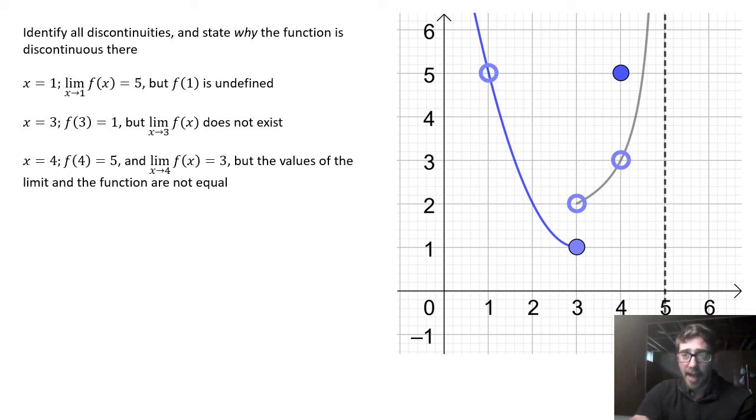And then at 5, that dashed line indicates a vertical asymptote. So there's all kinds of stuff you could say here. Don't just say vertical asymptote, because that doesn't pertain to the limit or the definition. Say, well, the function's not defined, right? It's obviously a vertical asymptote. We're dividing by 0 or something. So that's enough. The limit's not defined.